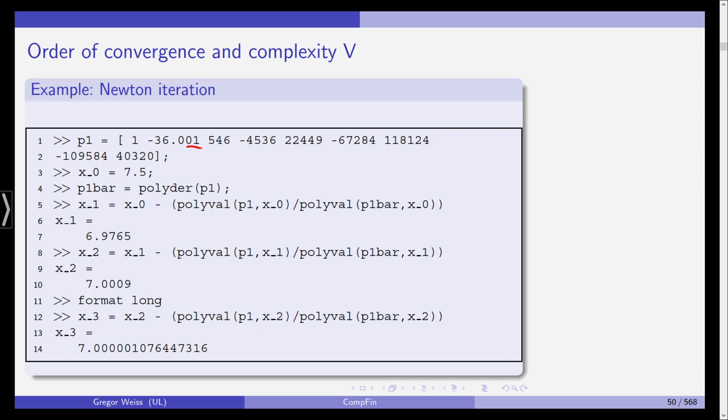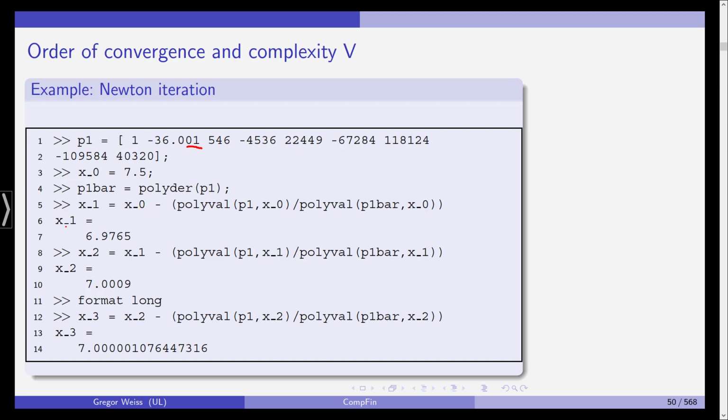p1 bar is polyder of p1. What is polyder? Polyder is a standard function in Matlab that calculates the coefficients of the first derivative of a polynomial. So p1 bar is again a polynomial, a vector of coefficients, and it's simply the coefficients of the first derivative of p1. Then x1 is the Newton iteration: x0 minus polyval, which gives you the value of a polynomial, in this case of p1 at x0, divided by polyval of p1 bar at x0.